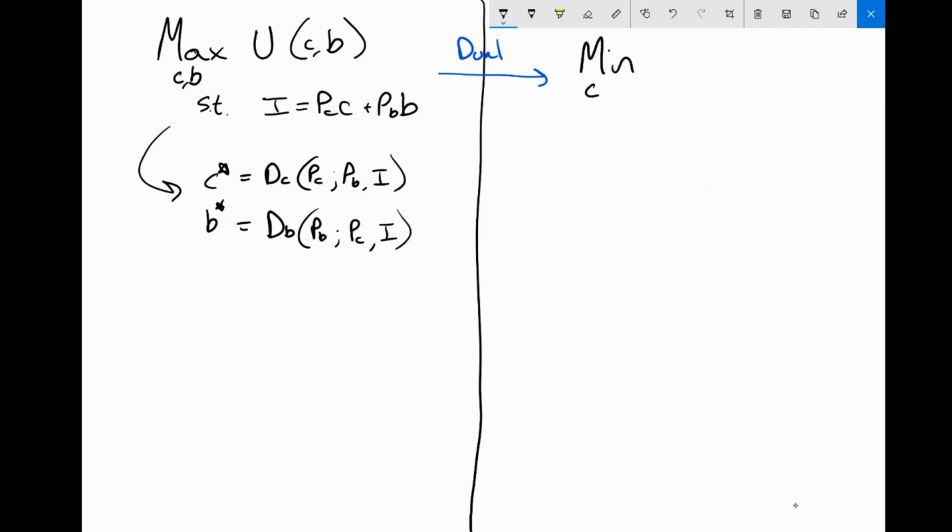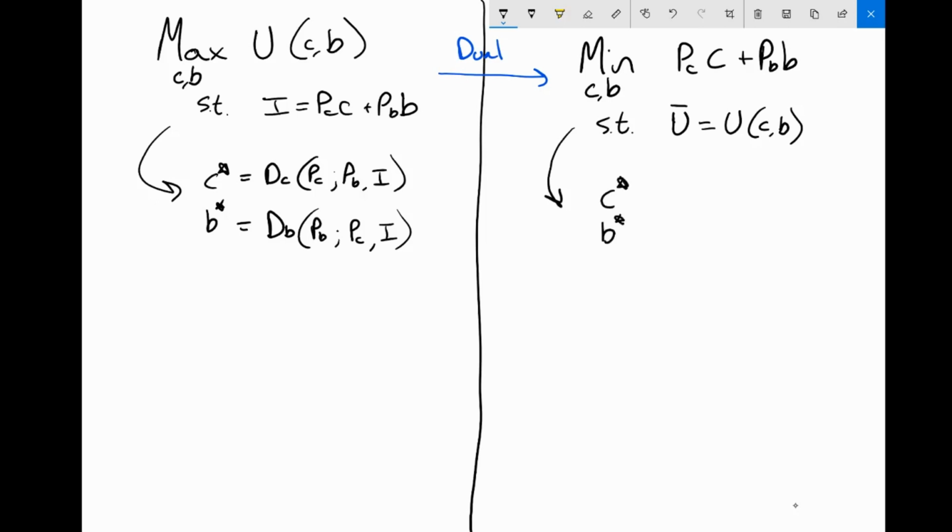So they might choose coffee and bagels to minimize their expenditures, subject to the constraint that they need to achieve a certain level of utility. That means they choose coffee and bagels that minimize their expenditures but allow them to achieve a fixed level of utility. If they did expenditure minimization, they're also going to solve for C star and B star.